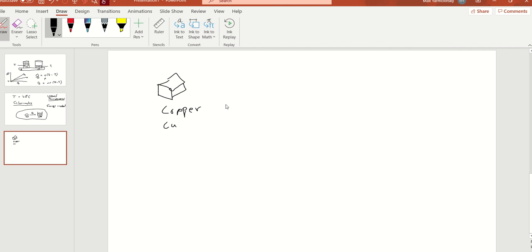This piece of copper is going to be heated up to 100 degrees Celsius, or 212 degrees Fahrenheit. That's boiling temperature. So we're going to take 50 grams of copper.